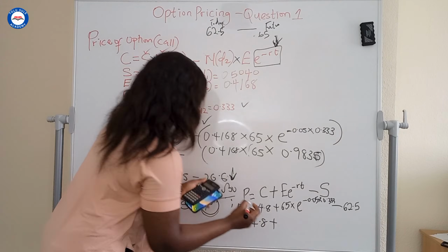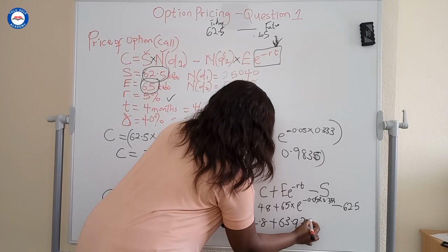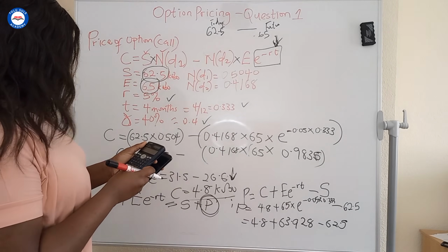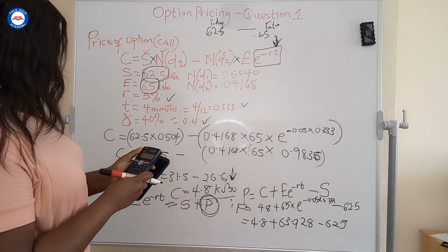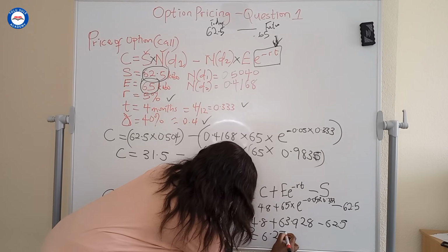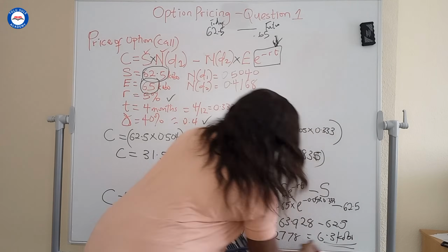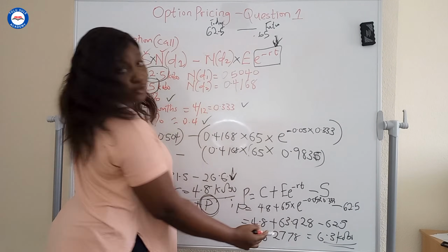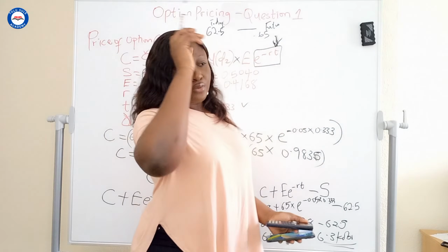That will give us 63.928, minus 62.5, plus 4.85. Can you see? The put option is what? 6.2775, approximately 6.3 kobo. Everybody is fine, everybody is gaining. 6.3 kobo is the value of the option to the seller. This is the value of the option to the holder.